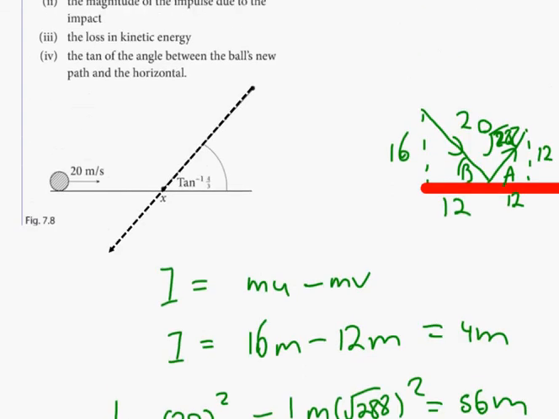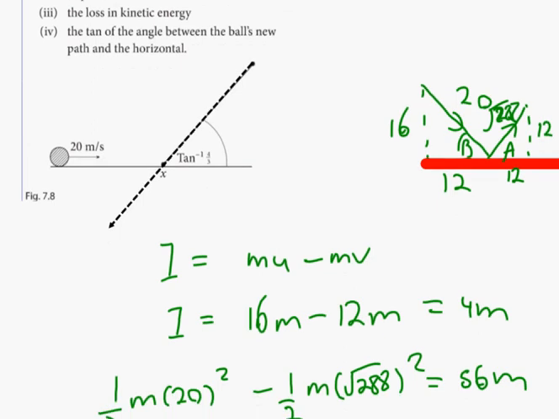And finally, the tan of the angle between the ball's new path and the horizontal. Now that's going to be interesting. My angle A, lads, is in here. Do you see that? That's my angle A, isn't it? Angle A is what? 45, isn't it? Because it's 12 and 12, that gives me my 45. And can somebody tell me what is tan inverse 4 over 3?